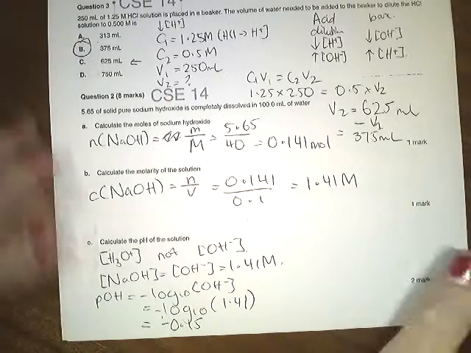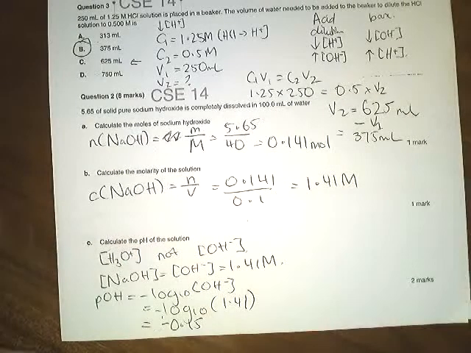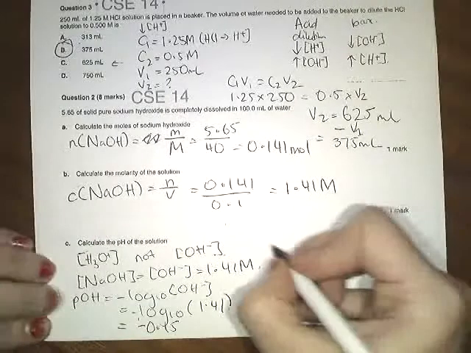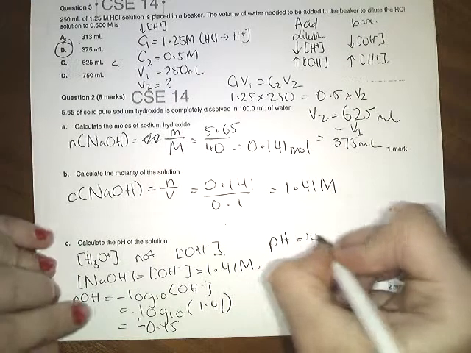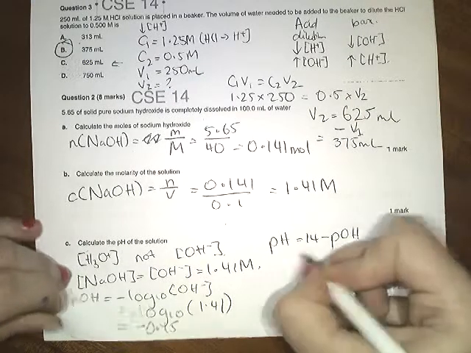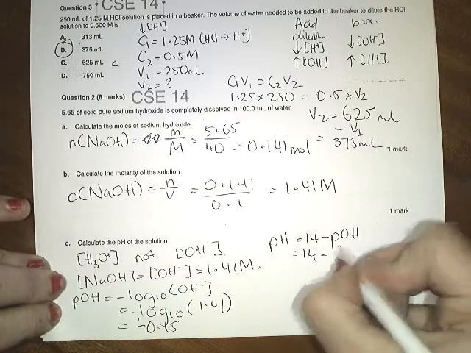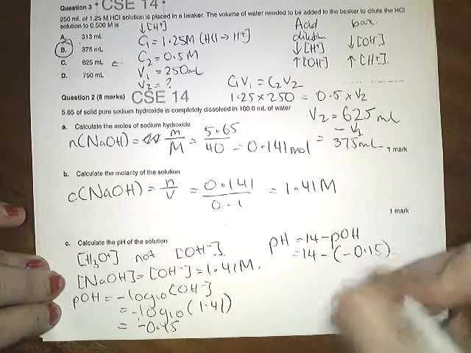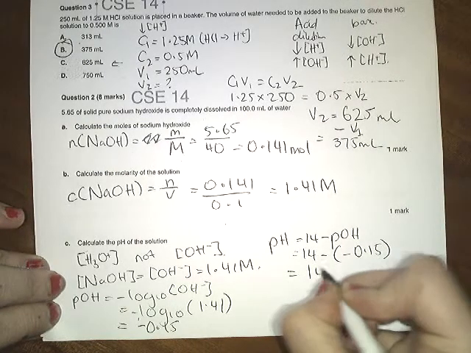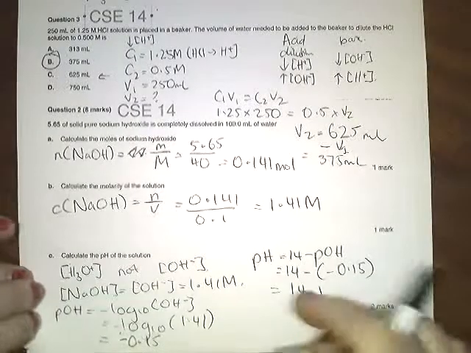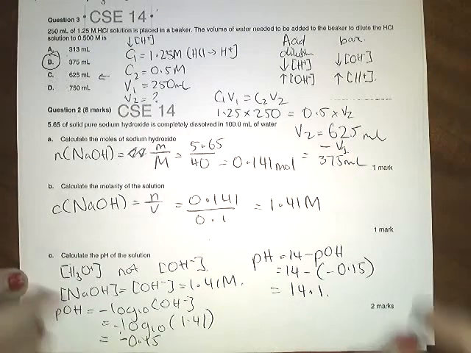It's weird to have a negative, but the pH scale sometimes extends beyond 14 and below 0. pH equals 14 minus pOH equals 14 minus negative 0.15 equals 14.1 to 3 sig figs. Wow, very, very basic.